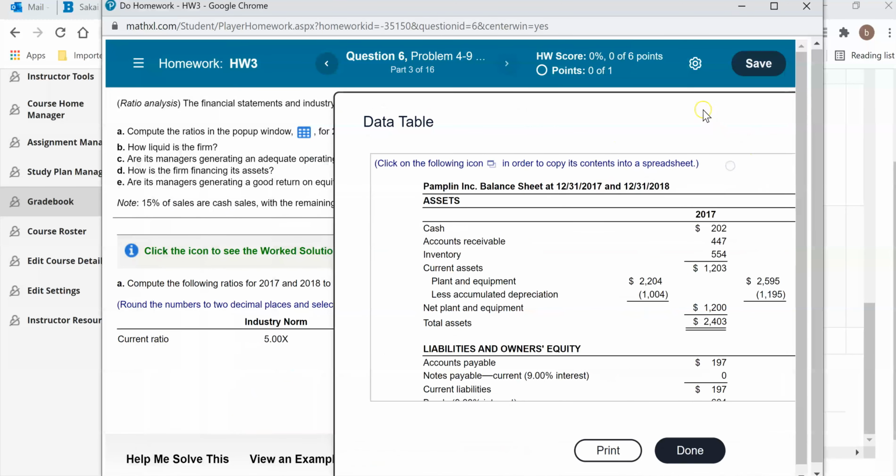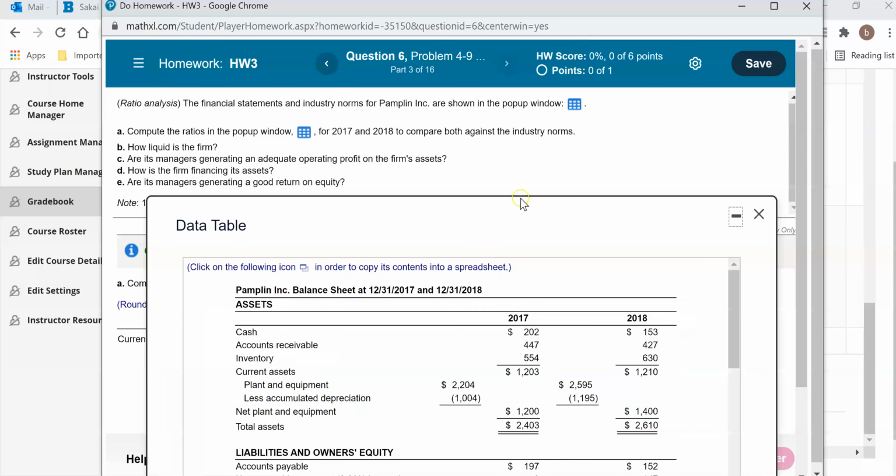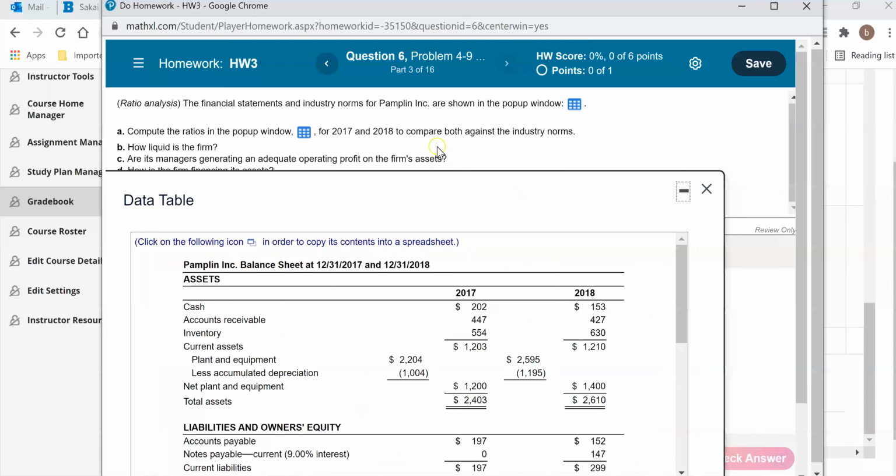So we have different parts, and part A is to compute the ratios in the pop-up window for 2 years and then compare both against the industry norms.